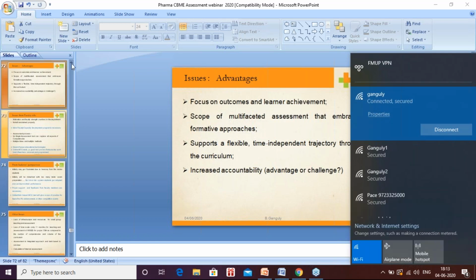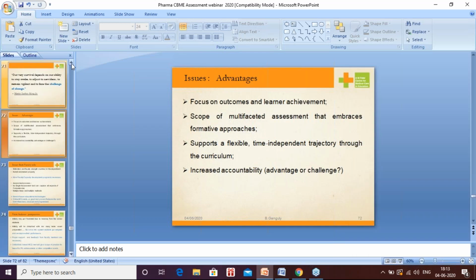Yes, you are audible. My screen is visible? Now it's a black screen.